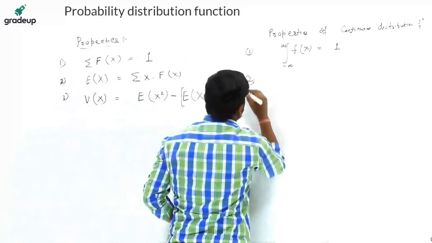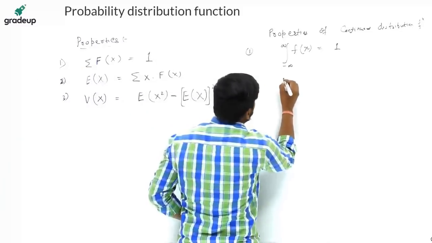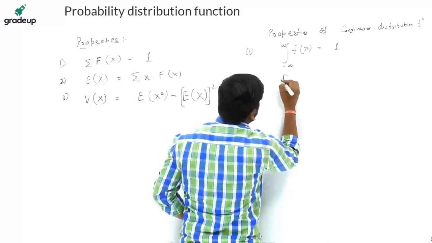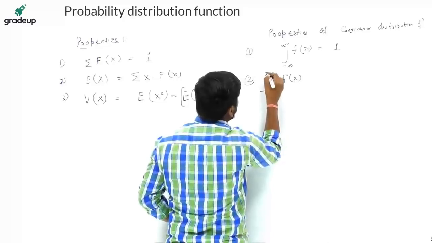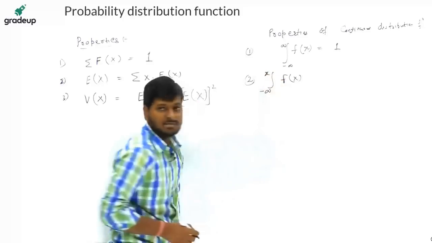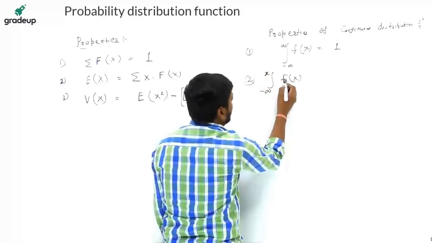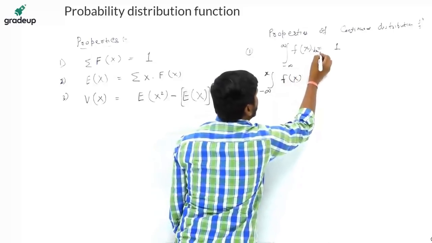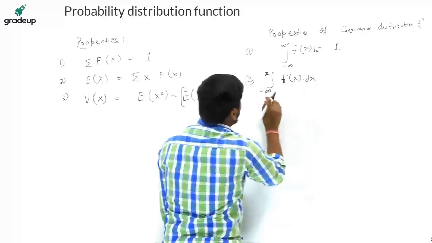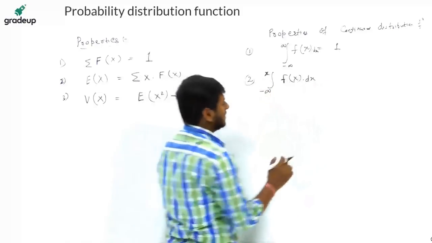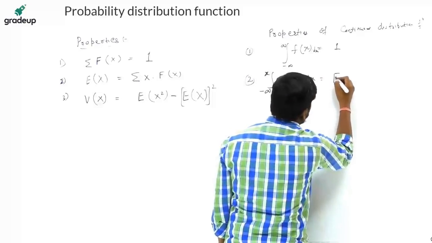Second property is the integration of f(x) dx, sorry, this is dx here also because we are integrating, from minus infinity to some value x, and it is equal to F(x).